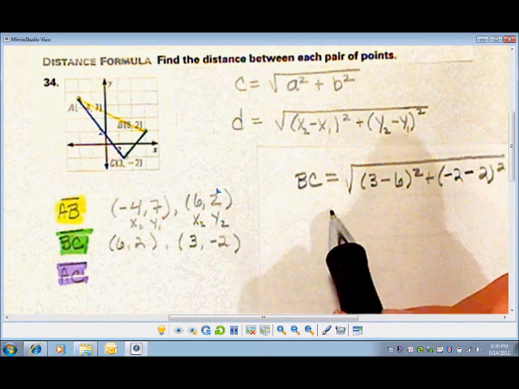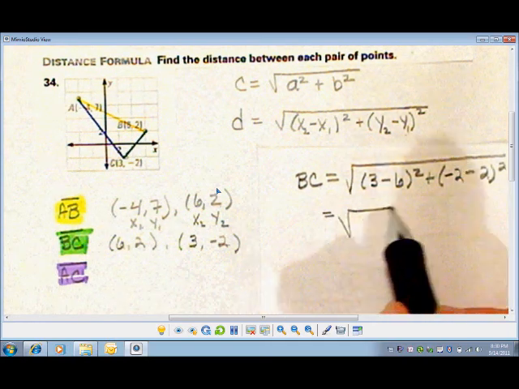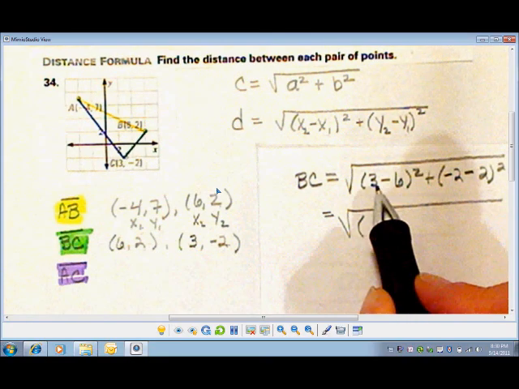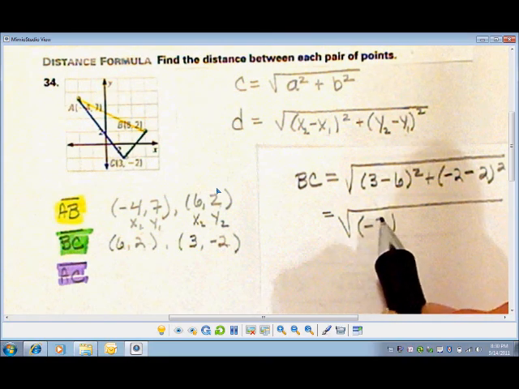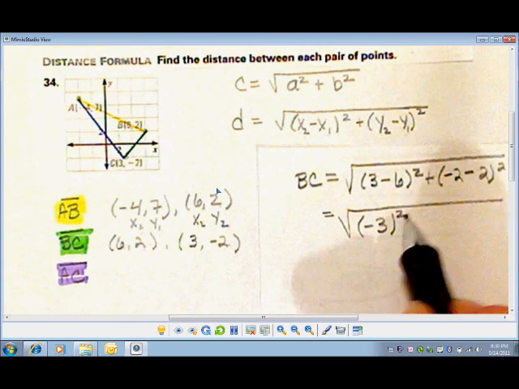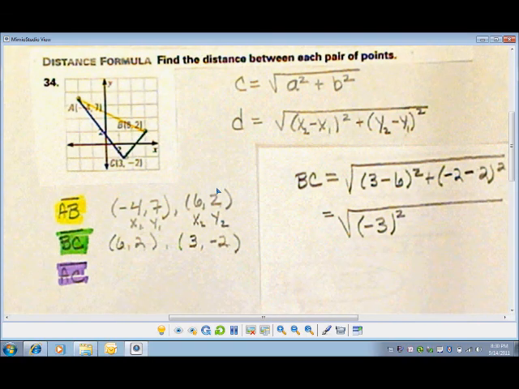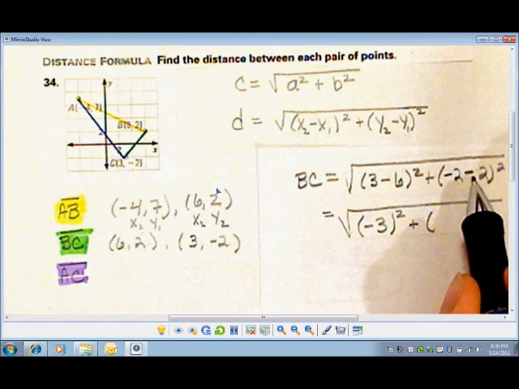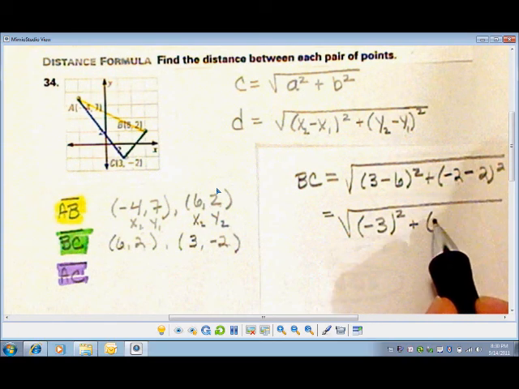So that means, remember PEMDAS, I have to do what's in the parentheses first. I'm going to write my answer and leave it in parentheses. 3 minus 6 is negative 3, so I'm going to keep that in parentheses like that. Plus negative 2 minus 2 is negative 4.